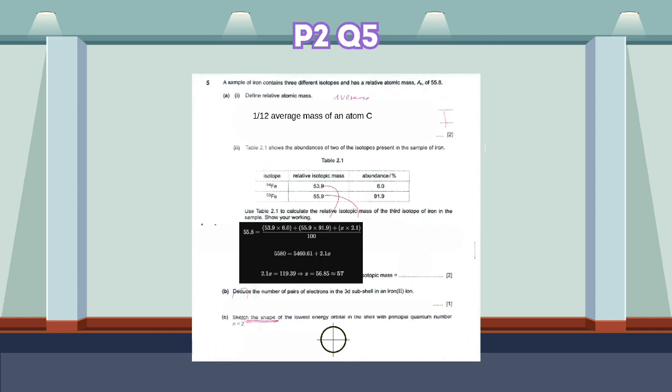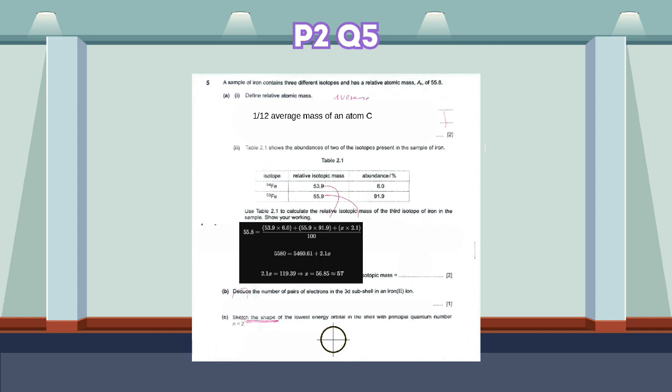And then deduce the number of pairs of electrons in the 3d subshell in iron is 1. Sketch the shape. The sketch is like this, like a circle.